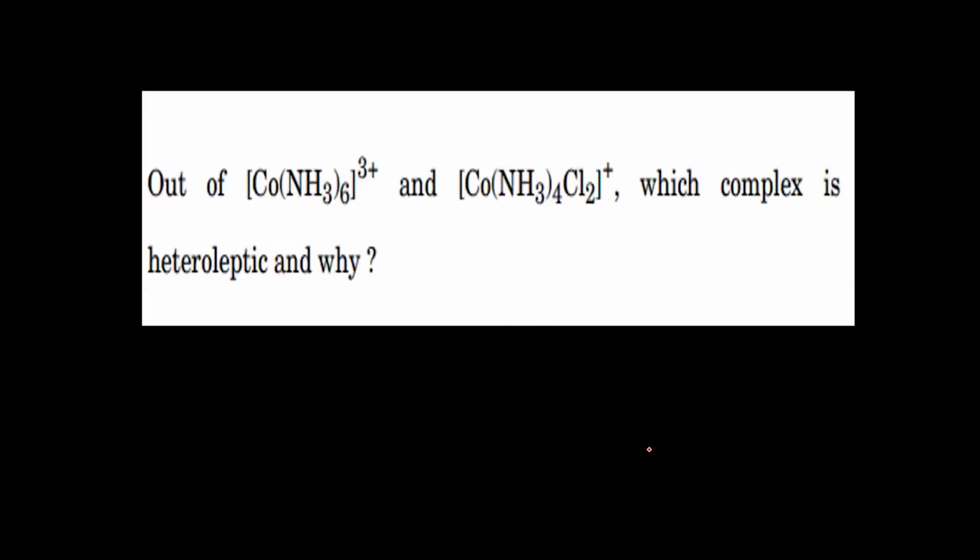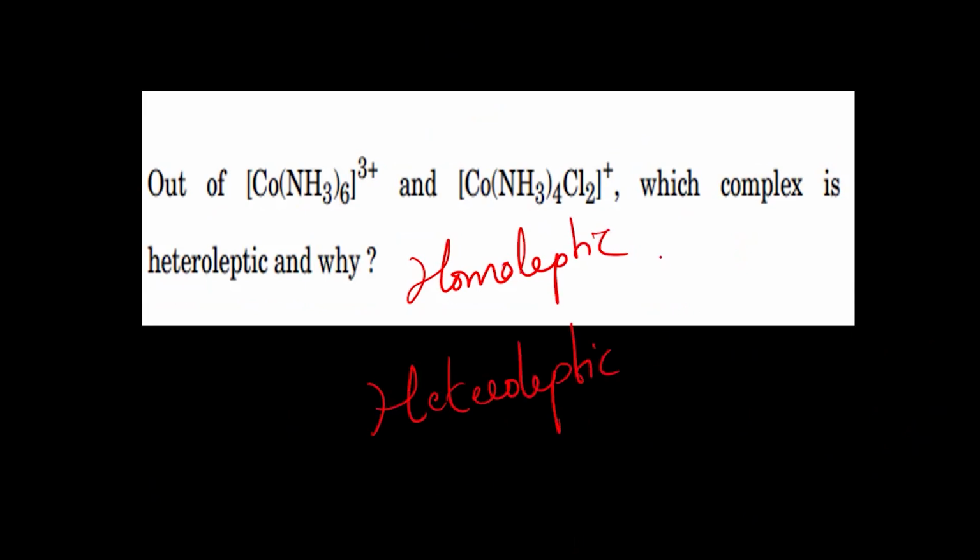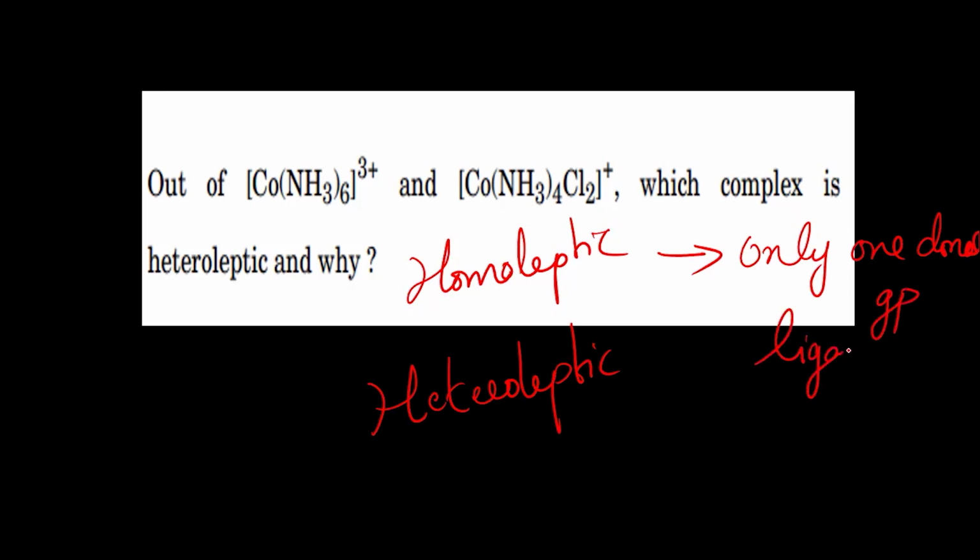Next: out of [Cu(NH3)6]2+ and [Cu(NH3)4Cl2]+, which complex is heteroleptic? Complexes can be classified into homoleptic and heteroleptic. In homoleptic complexes, there is only one kind of donor group, that means only one type of ligand.